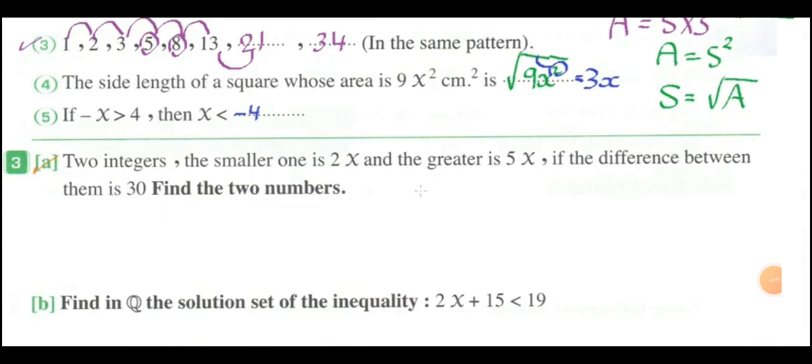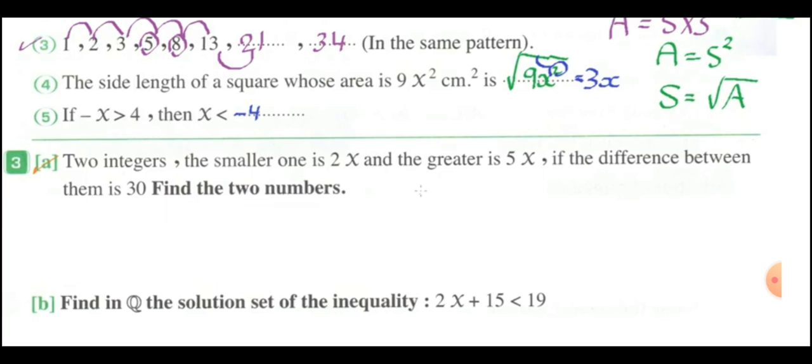Number 5, if negative x is more than 4, then x is less than... This is an inequality, and this is an important remark for this inequality. We find x times negative 1. Then we move negative 1 to the other side with divide, because it's multiplied with x.